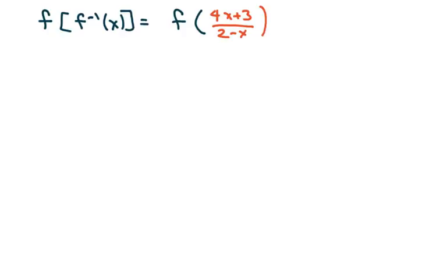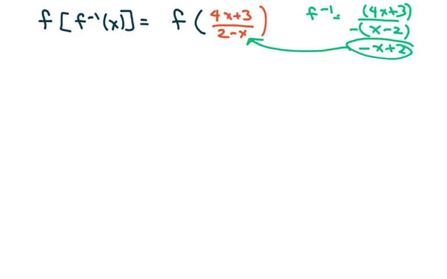Now what I did on that previous one, we had f inverse, let me write that, is negative 4x plus 3 over x minus 2. And so what I did to get rid of that negative is I just moved it to the denominator. So I put it down here because the whole function's negative. And when I negated that, I get negative x plus 2. And then I rewrote it like that.